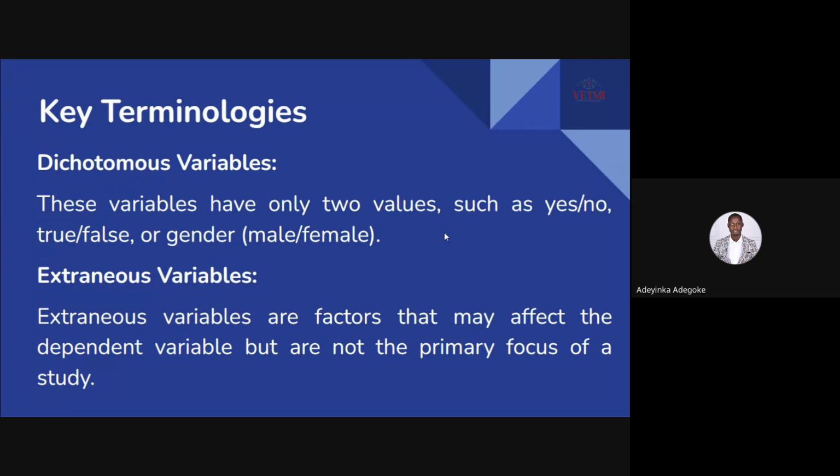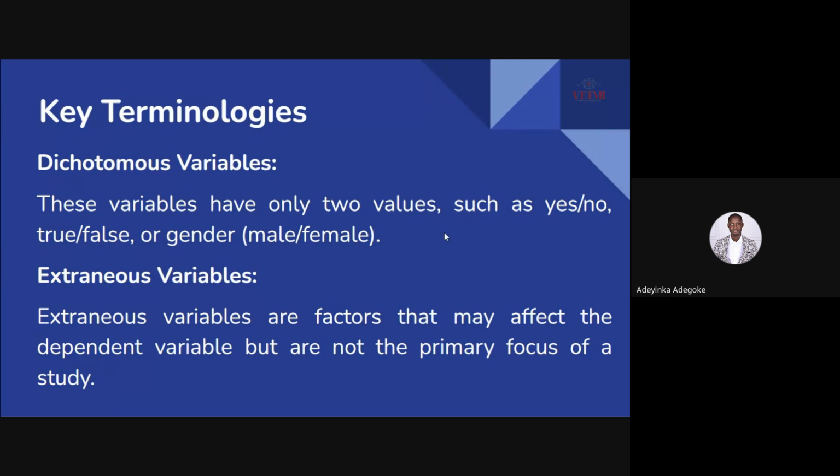Now we also have the extraneous variables. Extraneous variables simply point to the fact that when we are doing a research, what is the impact of age at marriage on number of children? You will agree with me that it's not only age at marriage that affects number of children. We have other factors. Just that in that particular research, we want to be silent on other factors. We only want to talk about age at marriage.